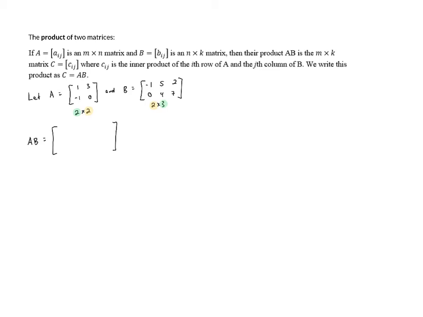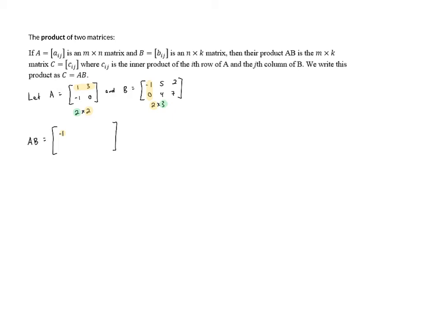So what we end up doing to get this result is we take the inner product of the first row of A and the first column of B. So we need to take 1 times negative 1, which is negative 1, and then 3 times 0, which is 0, and add them together. And negative 1 plus 0 is negative 1, so that is the element that goes there.